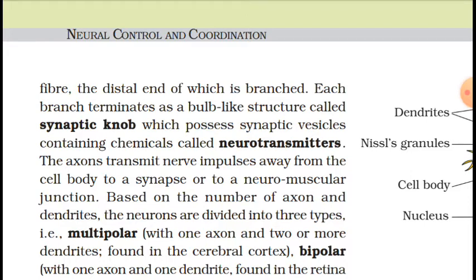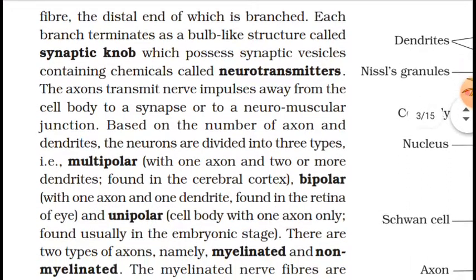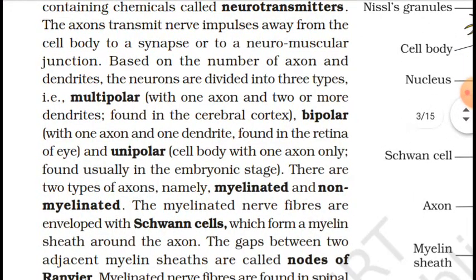Based on the number of axons and dendrites, neurons are divided into three types. Which are these three types? Multipolar, bipolar and unipolar. First, multipolar. As the name suggests, it has one axon and two or more dendrites, and is found in the cerebral cortex.